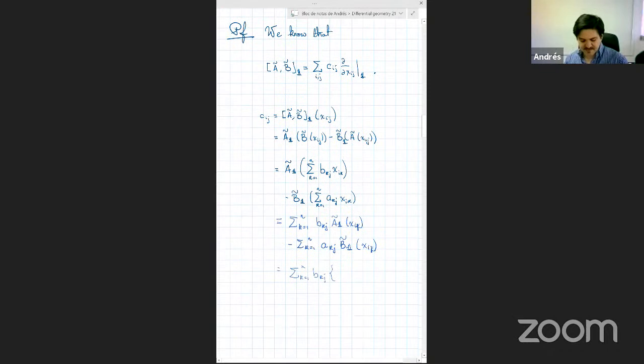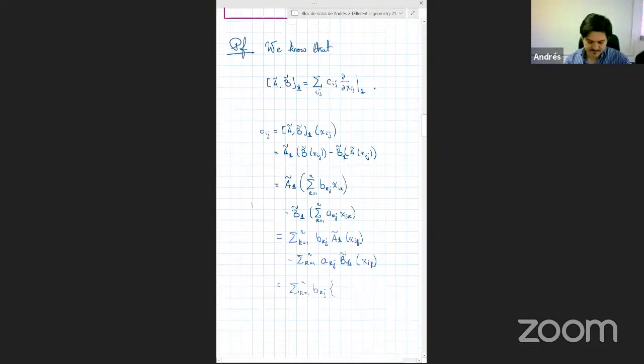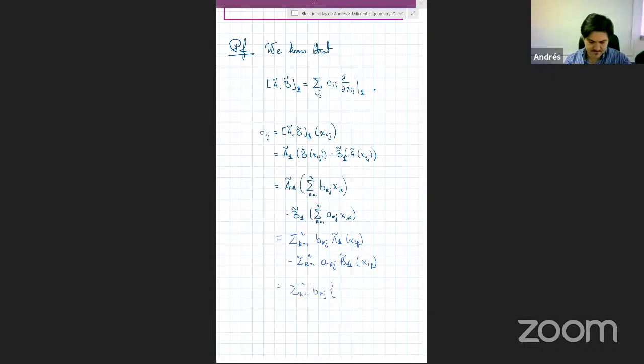Now I have to do the same. Let's see. Now, what is this? This is the sum. What is the definition? So this is the sum, let's put it over S from 1 to n.